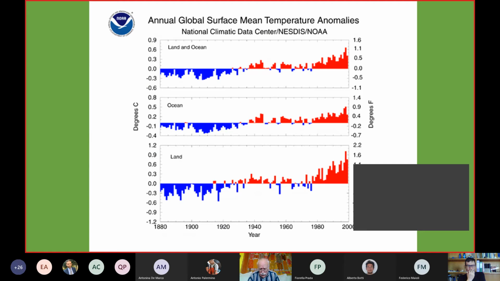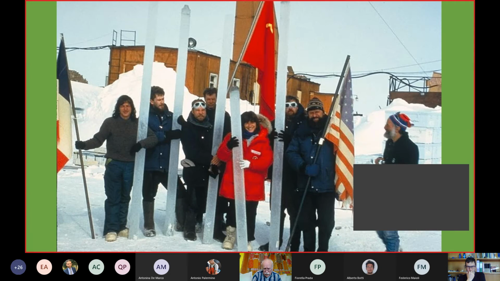Now, you know that you have an increase in temperature of both oceans and land. I don't want to go into this, it is the greenhouse effect, and just something that is very exciting, and you'll see in a moment why it is important. This team is the Russian team at the Vostok station in Antarctica.